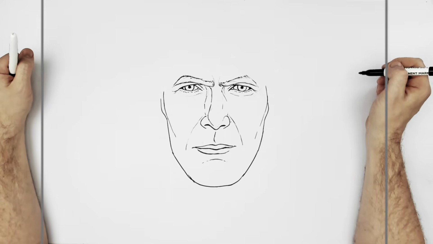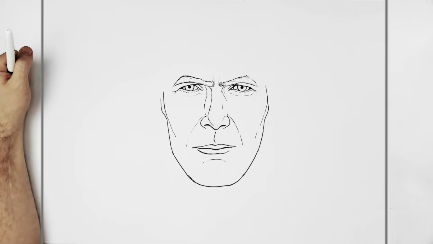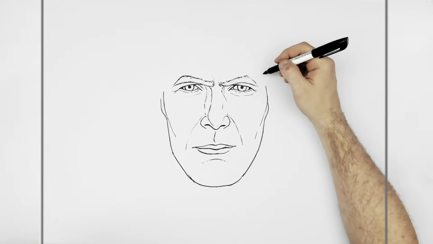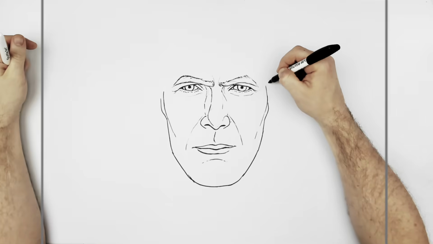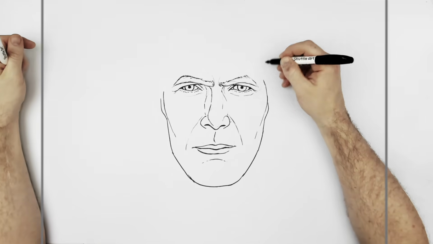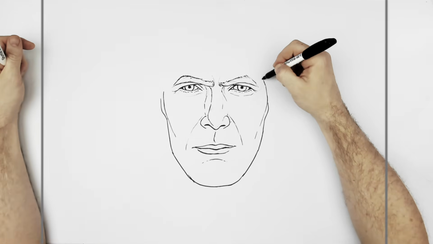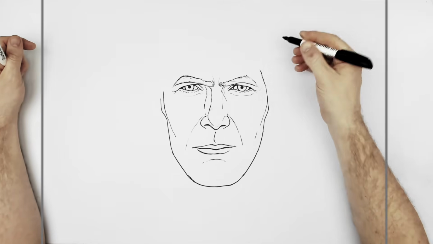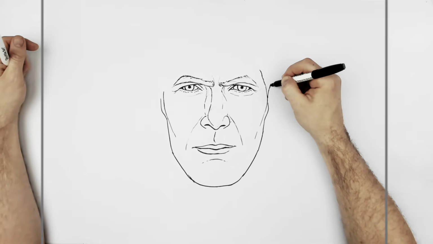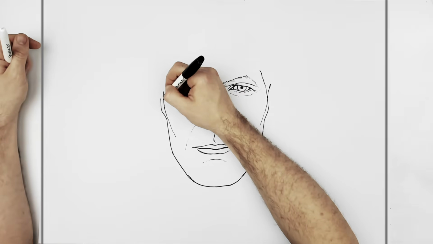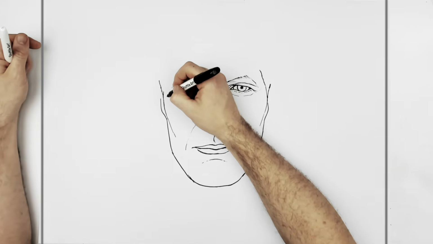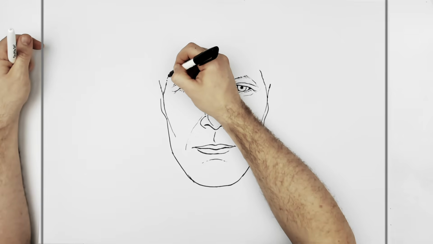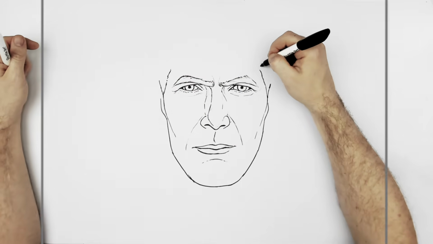Okay, so just up here, so I guess where his hairline would start, right? So it kind of goes in a bit, like there, and then his sideburn would be just, he doesn't really have much hair, right? But just for the purposes of drawing, it's kind of like this stubble sort of thing.